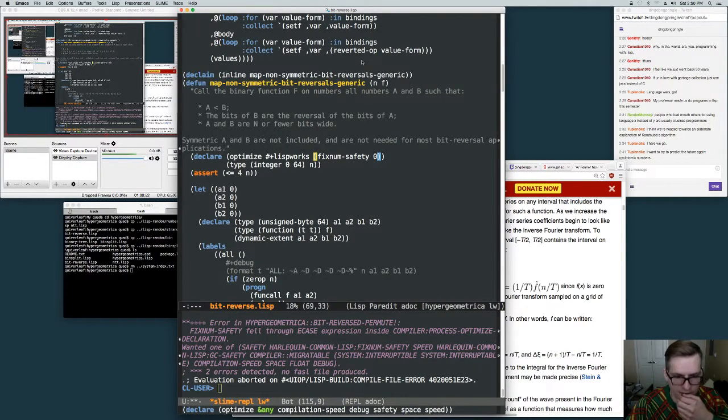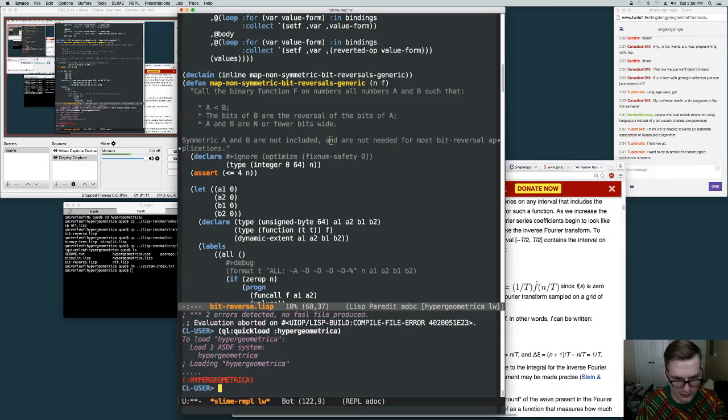I wonder if they remove this. Doesn't matter, we can hash plus ignore for now. What else was there? Fixed num safety. Let's try reloading. Okay, it loaded.